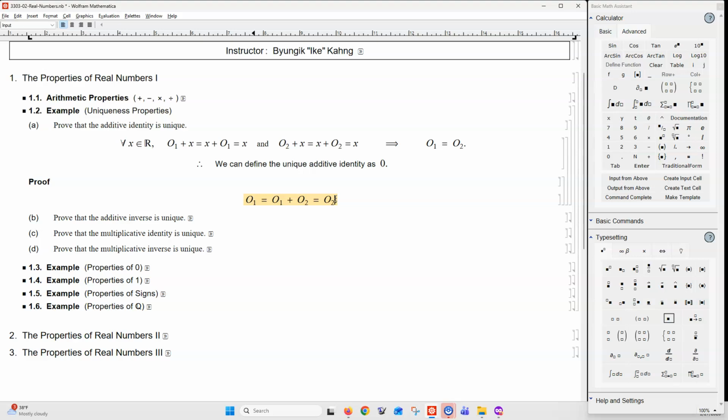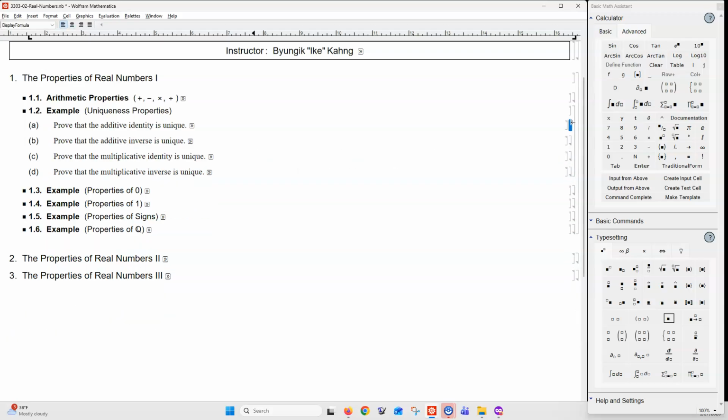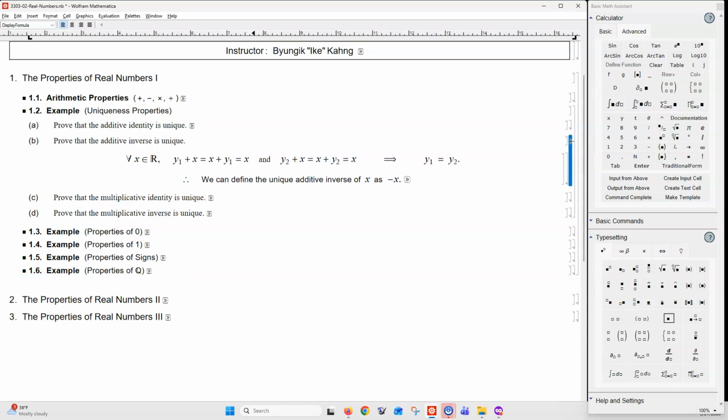Try that. Stop the playback and try that. Got it? So basically that's what you want to do. Suppose that y1 and y2 are both additive inverses of x, then y1 and y2 are the same.